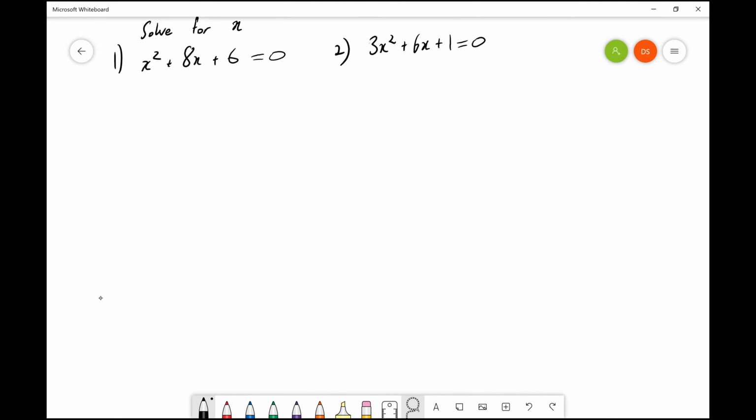And question 3, I'm going to make 2x squared minus 4x plus, now let's make this interesting, minus 7 equals 0. Okay?